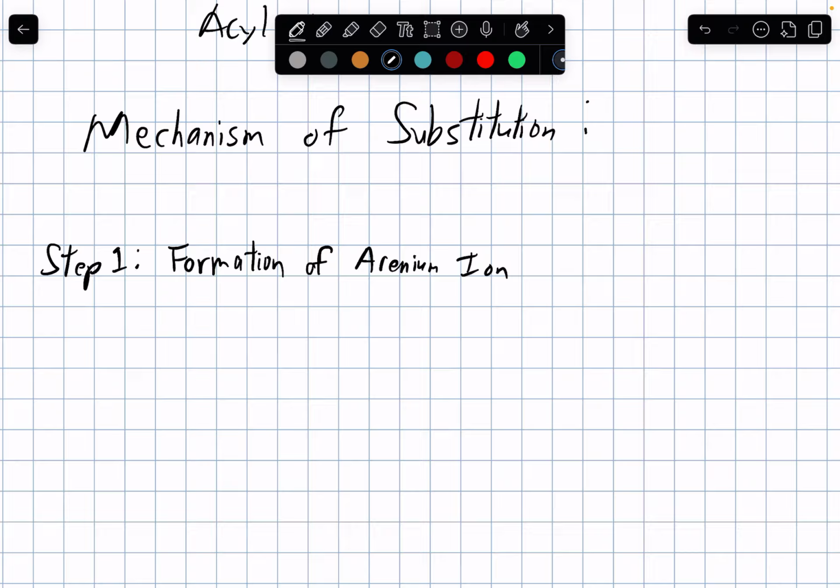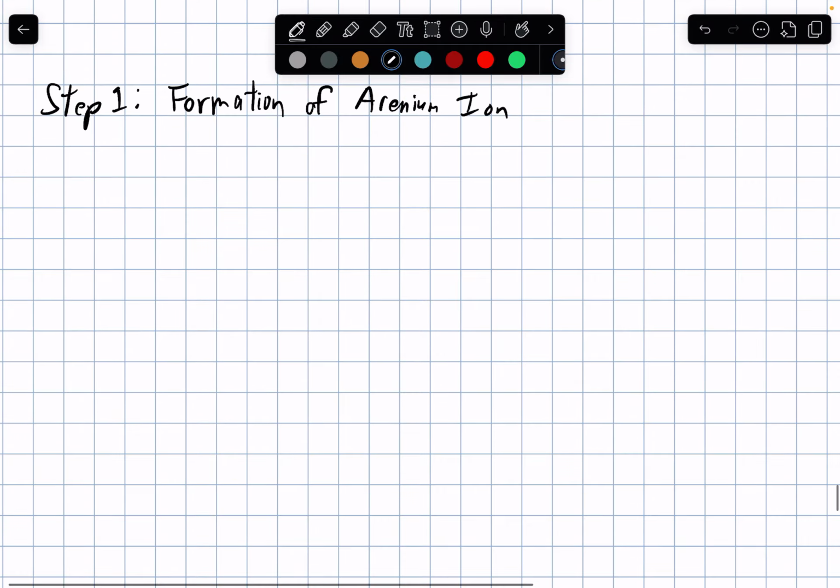Arene is the functional group that you call for benzenes. Okay. Formation of arenium ion.